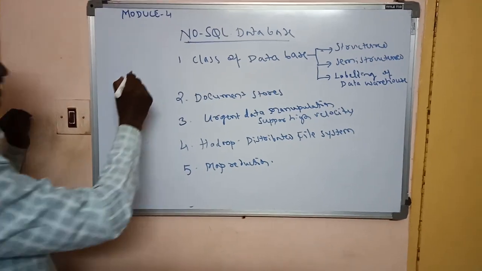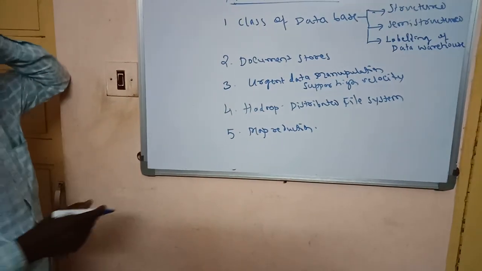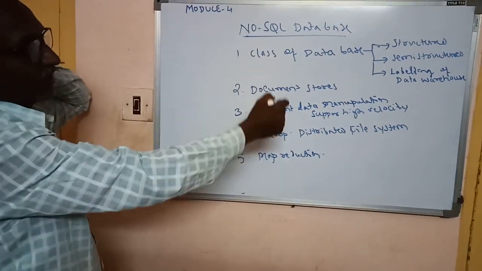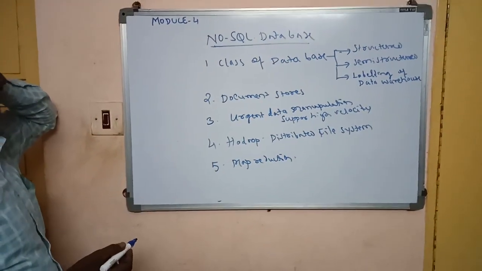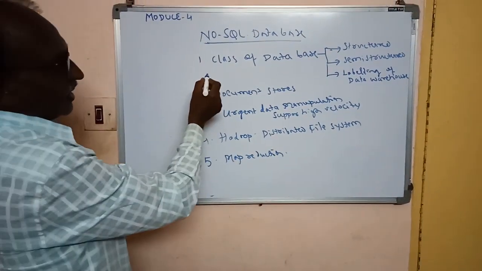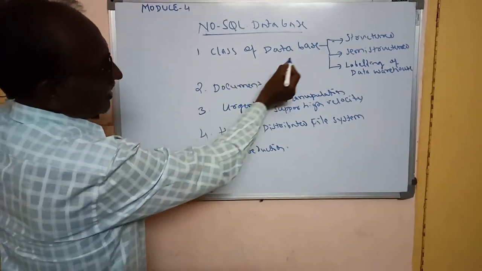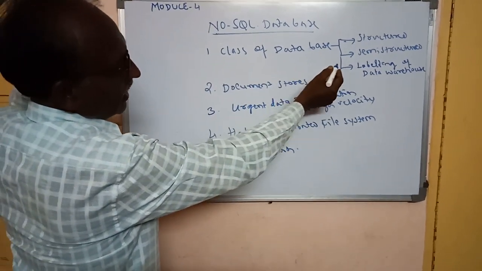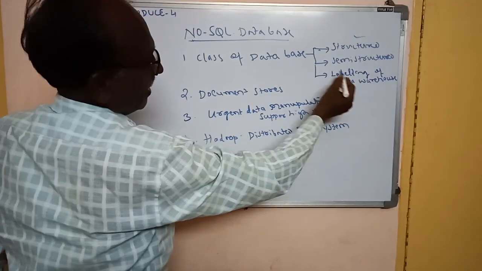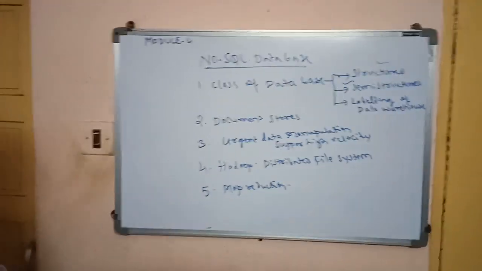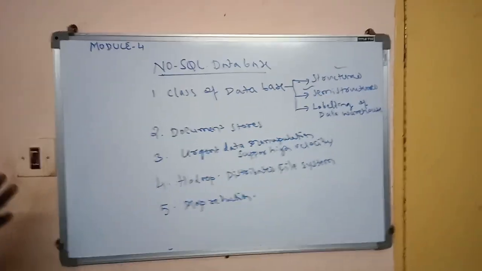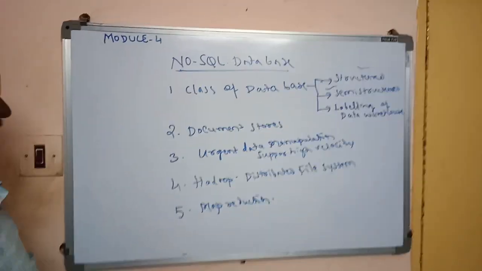NoSQL is one of the important tools. SQL means structured query language database. NoSQL is a class of database which stores the information. The database may contain structured or semi-structured data, and these are preserved just like in data warehousing.